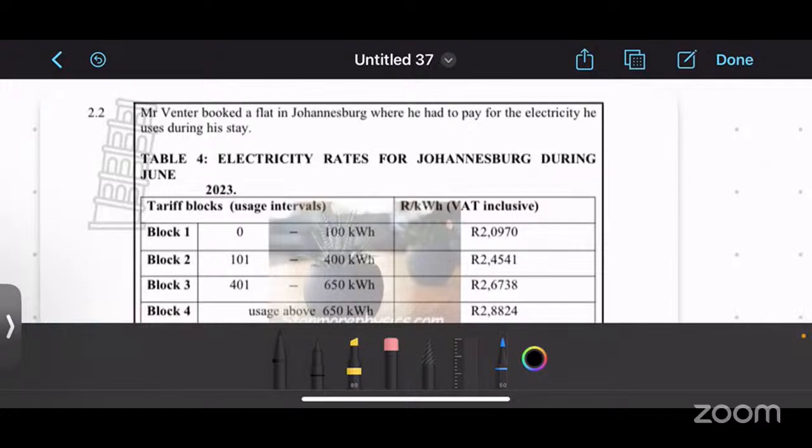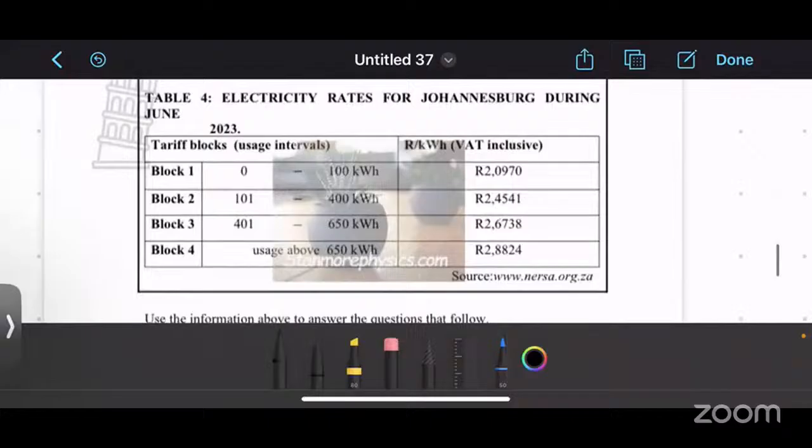Electricity rates for Johannesburg during June: tariff blocks, usage intervals, and rands per kilowatt hour, inclusive of VAT. So the amounts you're seeing there include VAT, so we won't have to add the VAT amount.